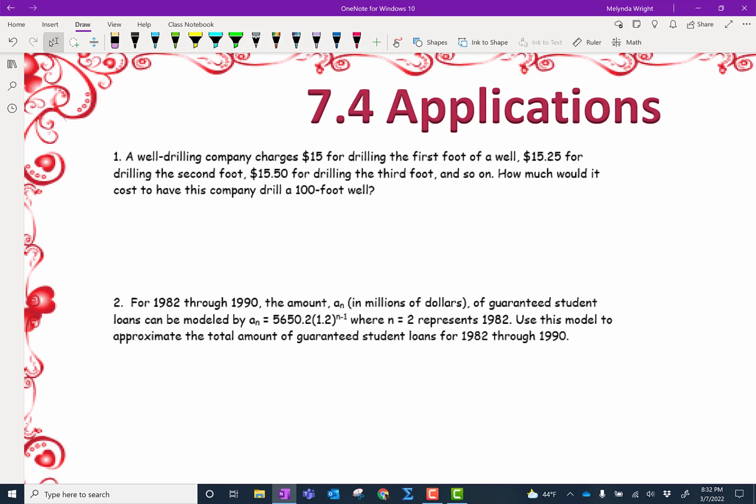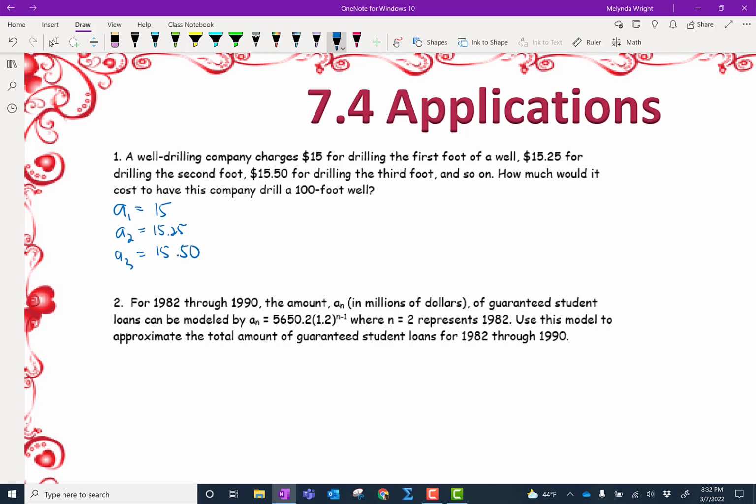So we've got a well drilling company that charges $15 for drilling the first foot of a well, $15.25 for the second, $15.50 for the third. Let's go ahead and put down the term numbers. So A1 is 15, A sub 2 is 15.25, A sub 3 is 15.50.